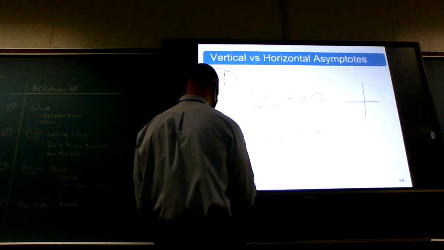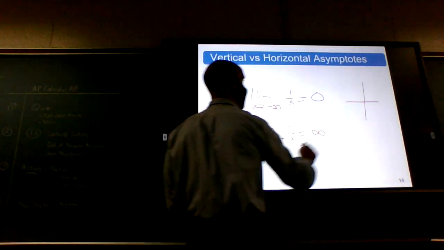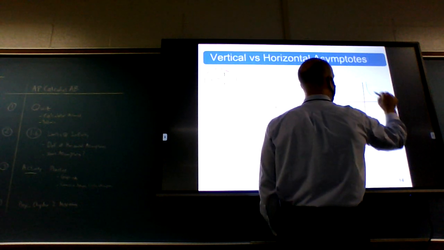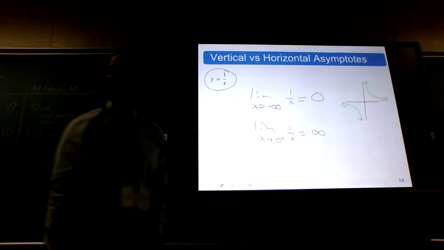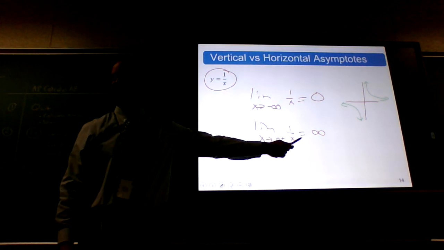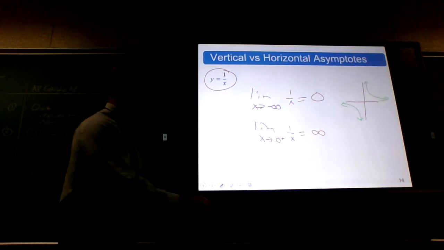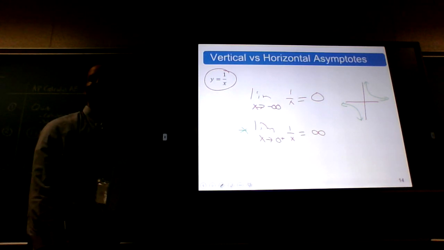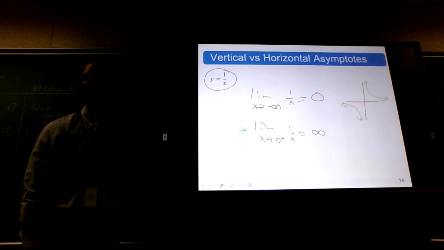This is the graph of 1 over x. We talked about it the other day. It looks like this, and it looks like this over here. You guys remember that? Do you guys understand why this one's infinity? What does this tell us then about the graph? Right. But what does it tell us graphically?